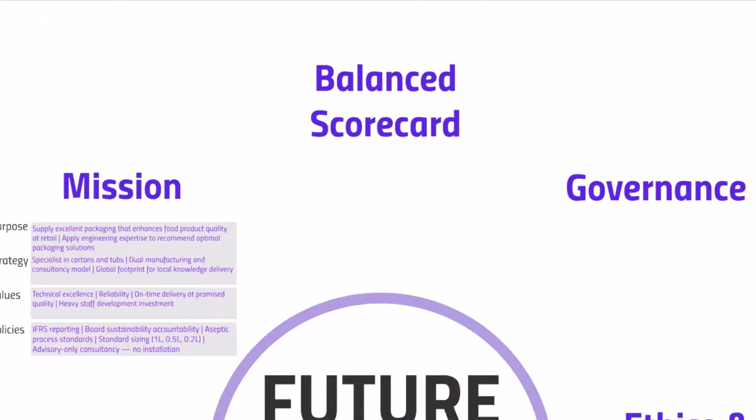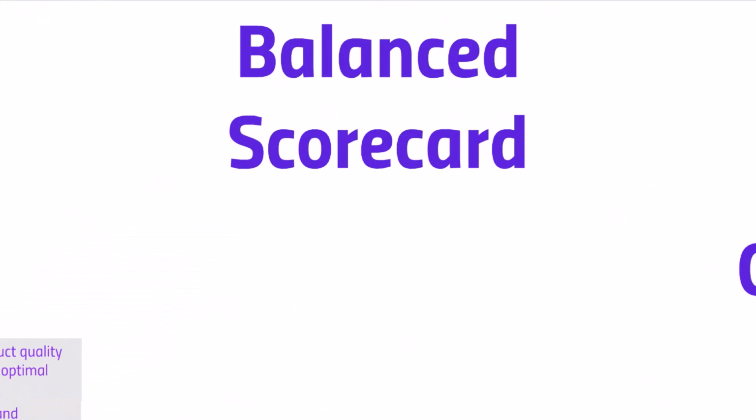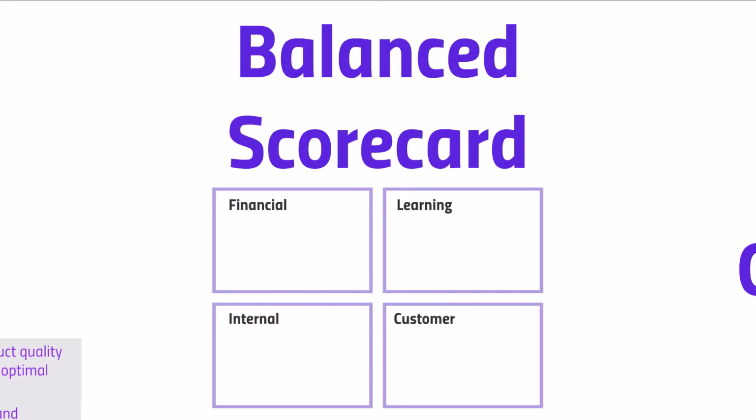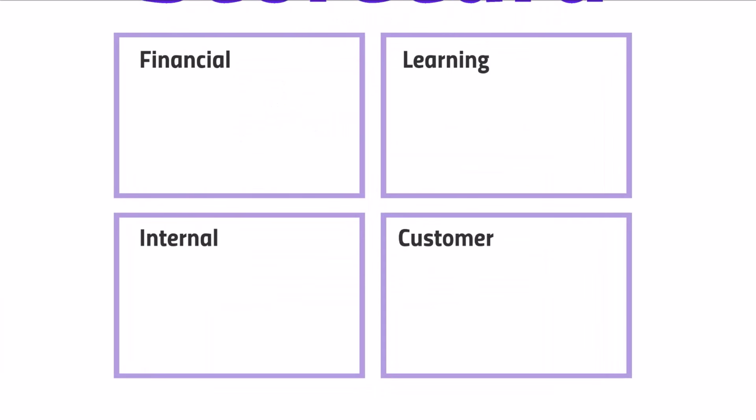What we're going to move on to now is the balanced scorecard, which of course looks at performance across four perspectives. So we're not too focused on the financial, though it does look at the financial elements too. What we're going to do is go quadrant by quadrant. Our first quadrant is our financial perspective, and these are the kind of metrics we'd be looking at here.